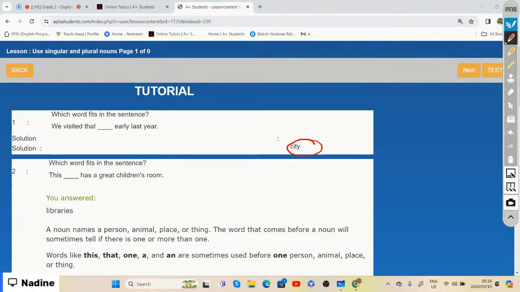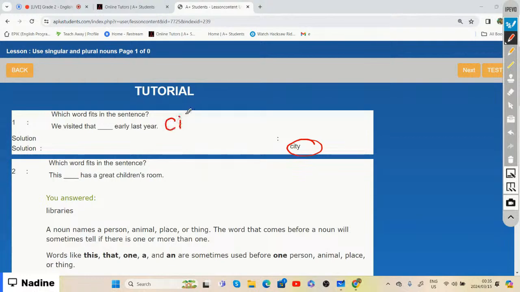And remember regular plurals, where it ends in s or it ends in es. So we visited that city last year.